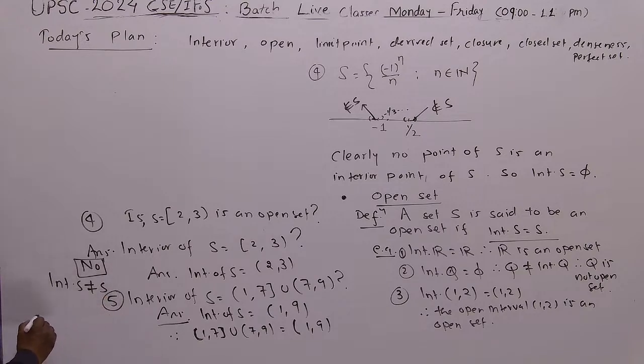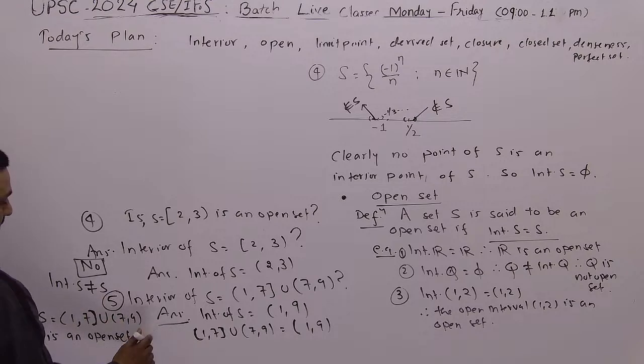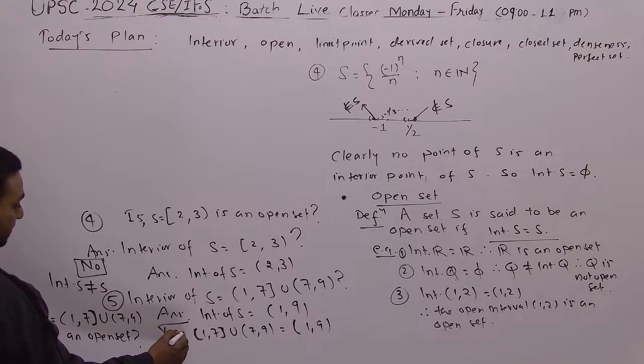you can write S equals 1 comma 7 union 7 comma 9 is an open set. Answer is yes.